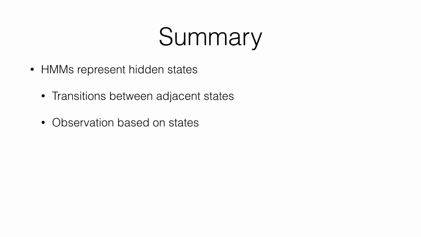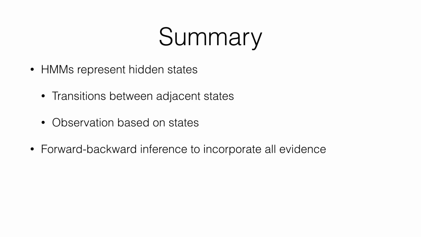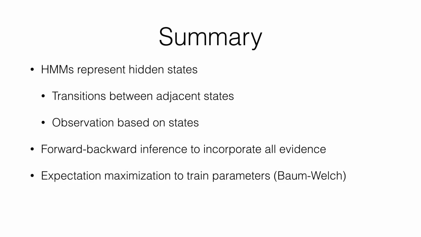And to work with hidden Markov models, we can use forward-backward inference to incorporate all evidence into our estimates of the hidden states. And then to learn the parameters for a hidden Markov model, we can use expectation maximization, which leads to the Baum-Welch algorithm, where we just treat the states as latent variables and run EM pretty much the most standard way possible, where the E step is the forward-backward inference.